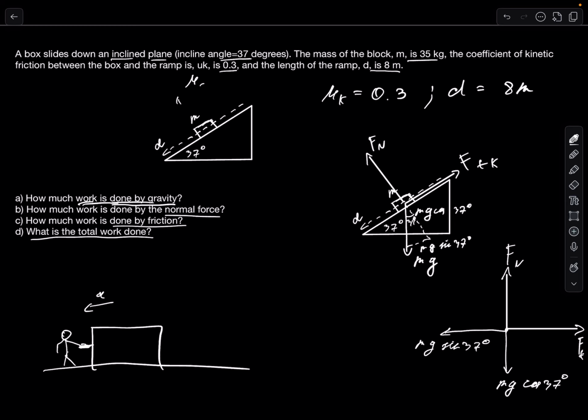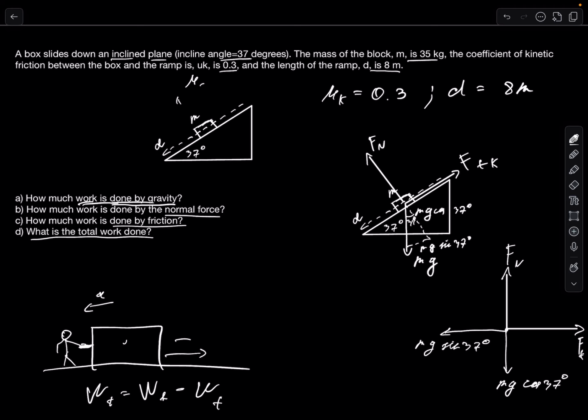The total work done in this situation will be the work done by the human, let's call it W sub h, minus the work done by friction, because it's in the negative direction.